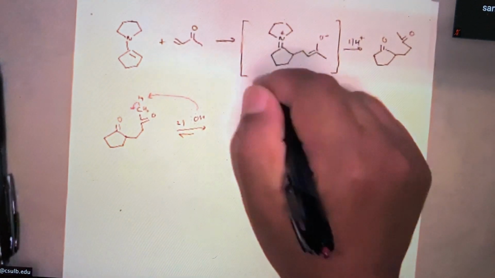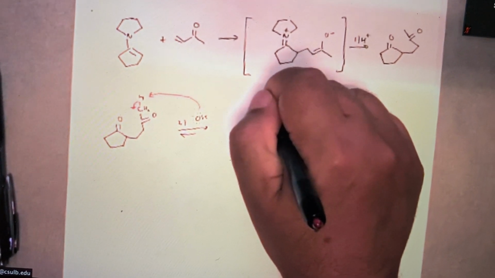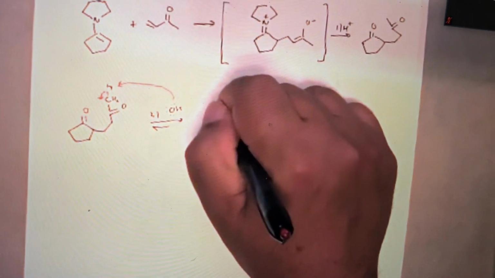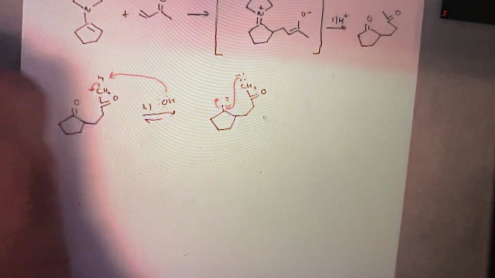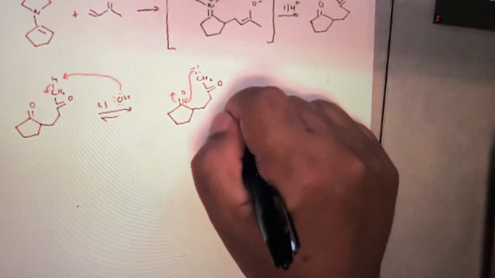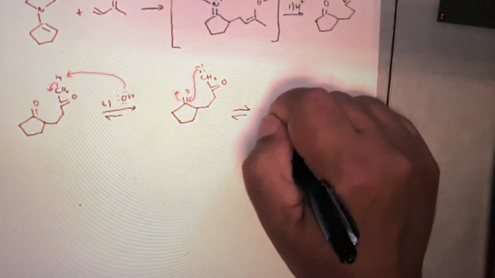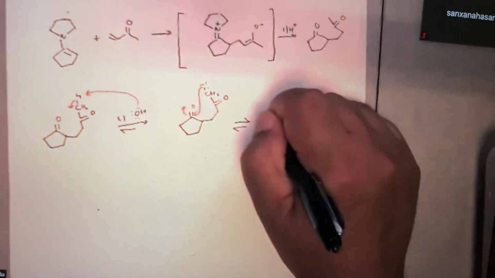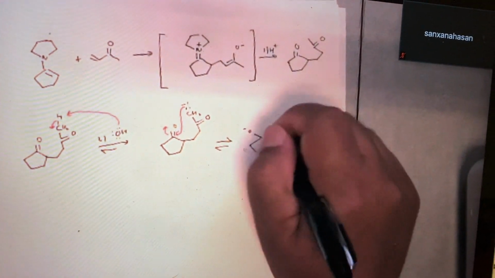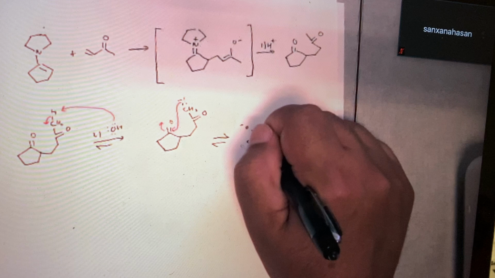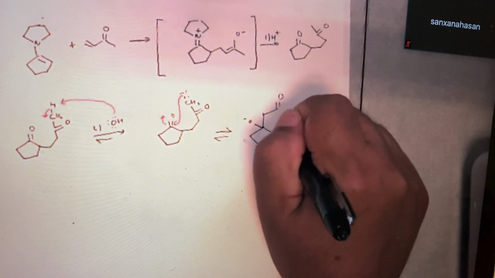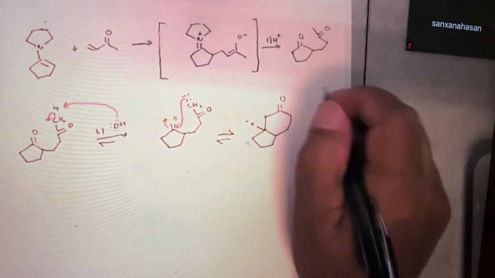So at this point, it's very easy. All I've got to do is showcase in the mechanism that this is just an aldol reaction. I'm going to attack that carbonyl carbon. The oxygen is going to go up to the tetrahedral intermediate. Try to draw a nice 6-member ring. Okay.